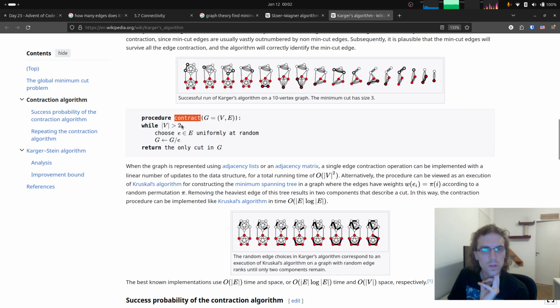And the contract procedure takes the graph, and while the size of the vertex set is greater than 2, choose uniformly at random. So we will also need a random number generator, because Rust doesn't have one by default. The only cut in G. I like how this pseudocode is like, oh yeah, return the only cut in G.